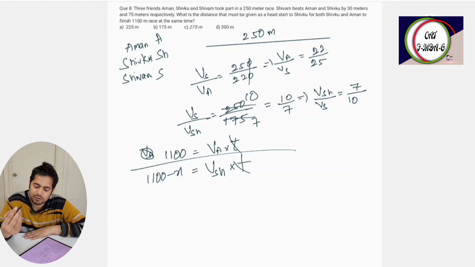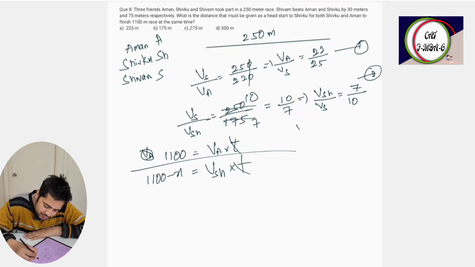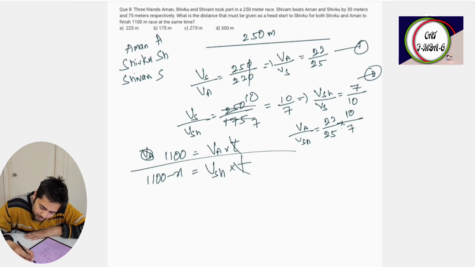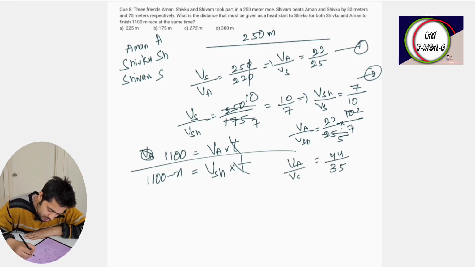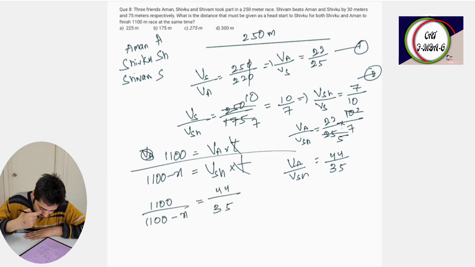So we need to find VA by VSH. Dividing equation 1 by equation 2, VA by VSH is equal to 22 by 25 divided by 7 by 10, which is 44 by 35.